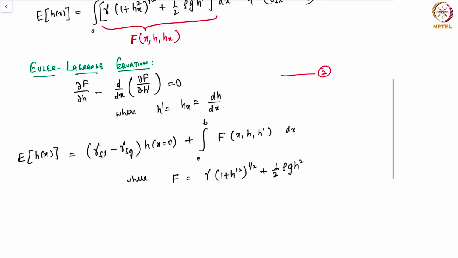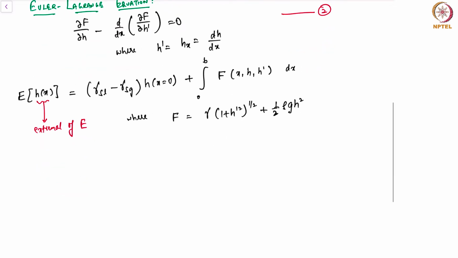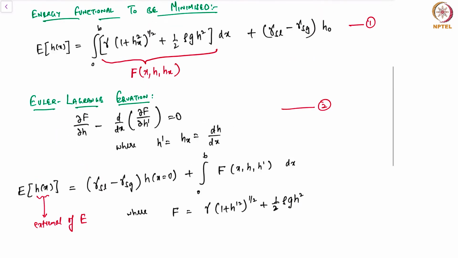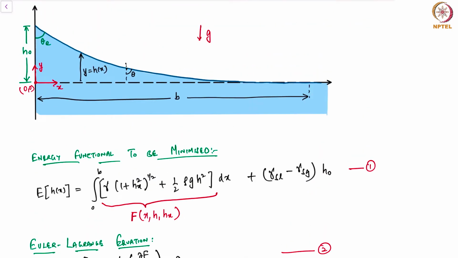So this quantity here, h of x, is already the extremal of E. Extremal of E means it is the shape which will give us the minimum energy E. That's what we are looking for. But it is possible that the shape that we have here, h of x, may not be the minimum, so let's consider an arbitrary deviation from it.